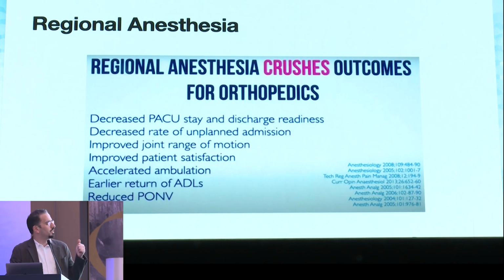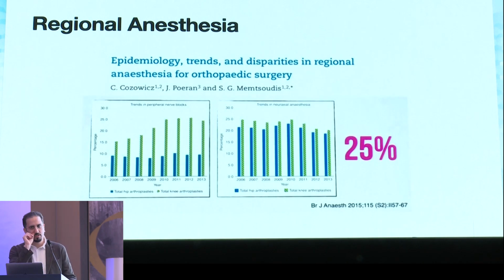So you get decreased PACU stay, less nausea and vomiting, immediate ambulation post-operatively, especially with new techniques that have muscle sparing. And you have early return of activities of daily living. However, despite all of this, this data is old, from 15 years ago or so.